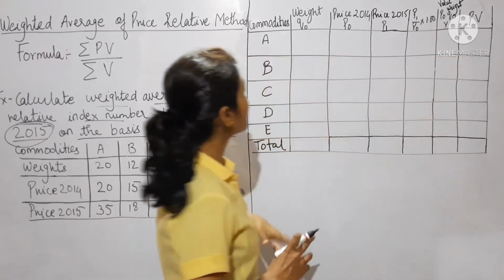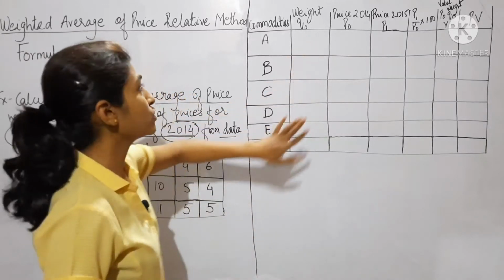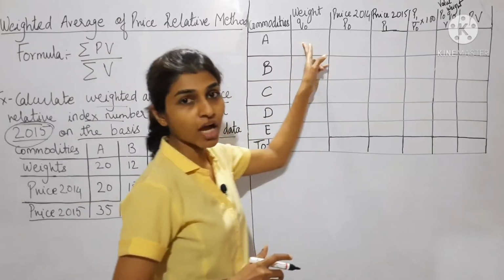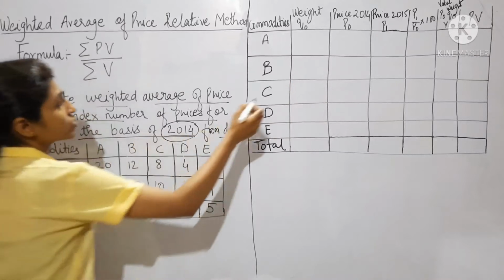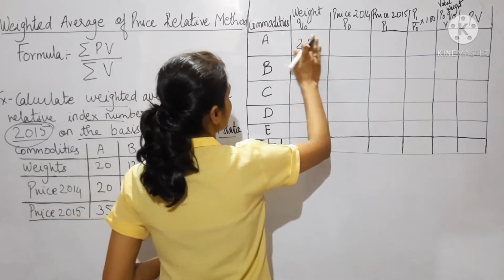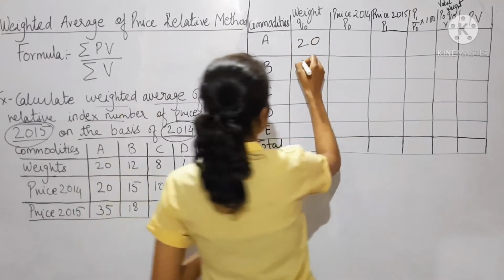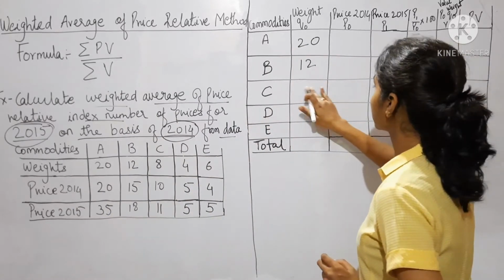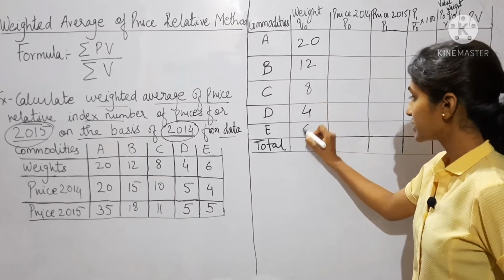First of all, prepare the table. Now write all the values of quantity under Q0, that means weight: 20, 12, 8, 4, 6.